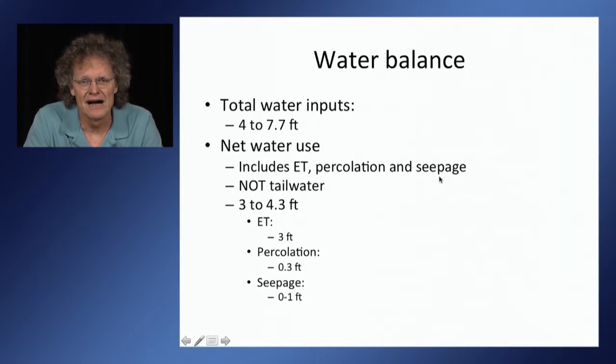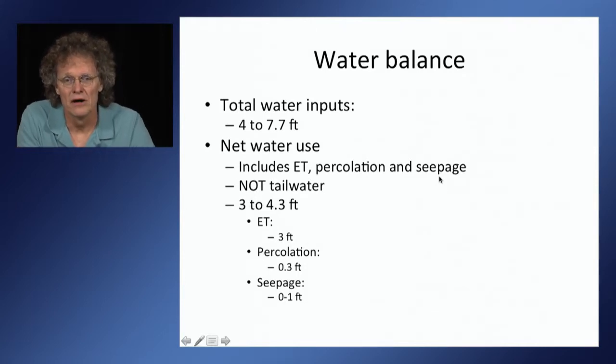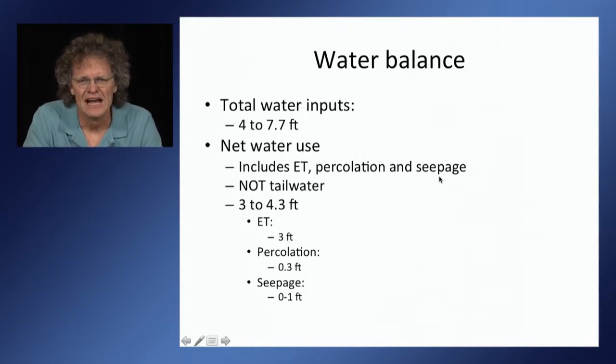Further breaking that down, with these in-field losses, we have about 3 feet lost in ET. Percolation we've estimated to be less than 0.3 feet, and seepage between 0 and a foot. And again, percolation and seepage losses can be highly variable. These numbers are from this particular study.